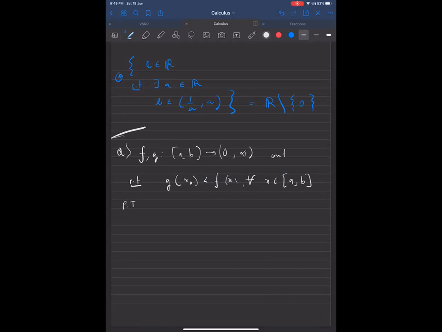Now, you need to prove that there exists lambda greater than 1, such that f is greater than or equal to lambda g in [a,b].